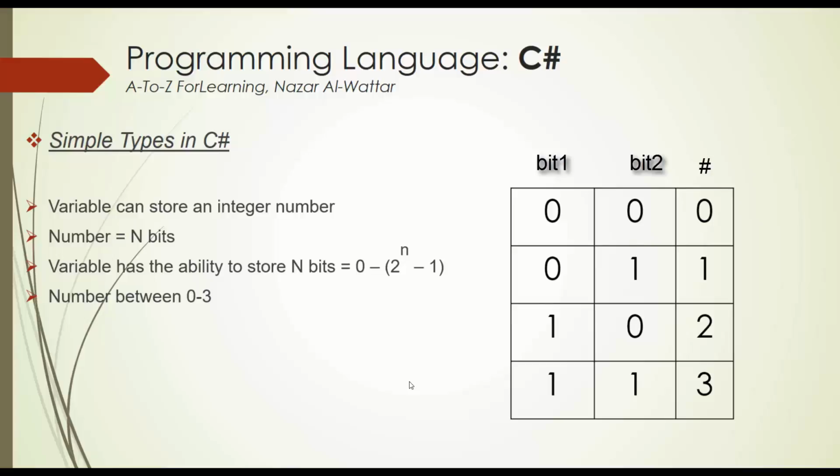So at the end of this lesson, the question is: how many bits will we use to represent the number 1 million, which has 6 zeros and the number 1 at the beginning?